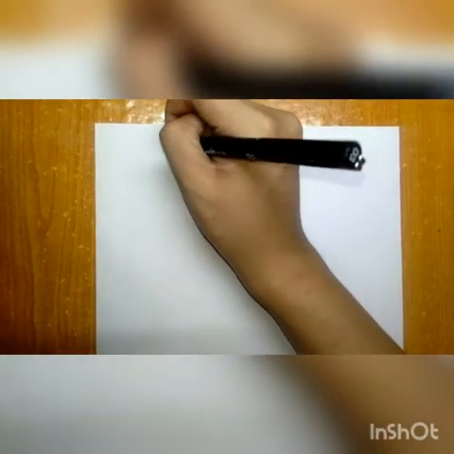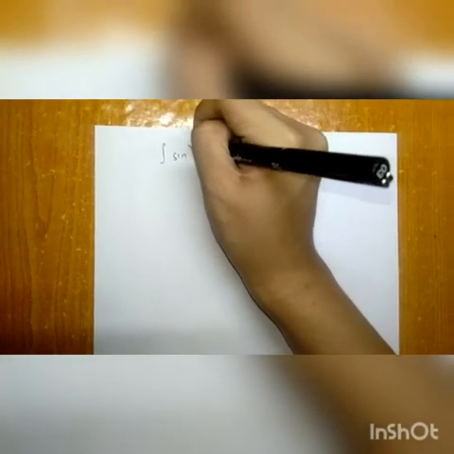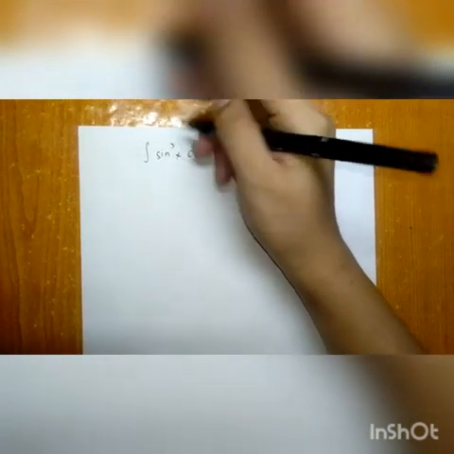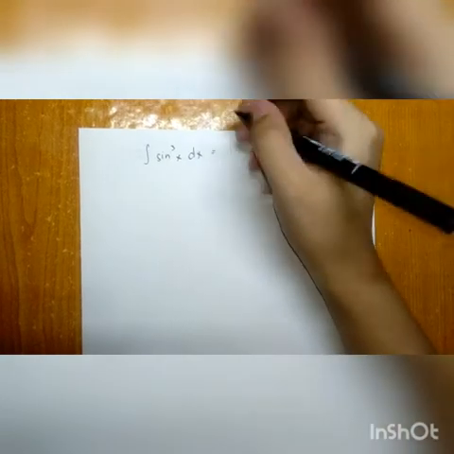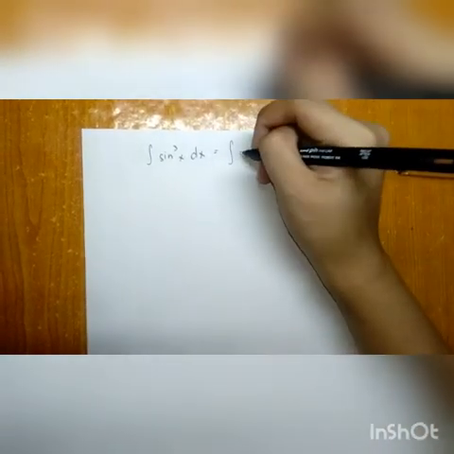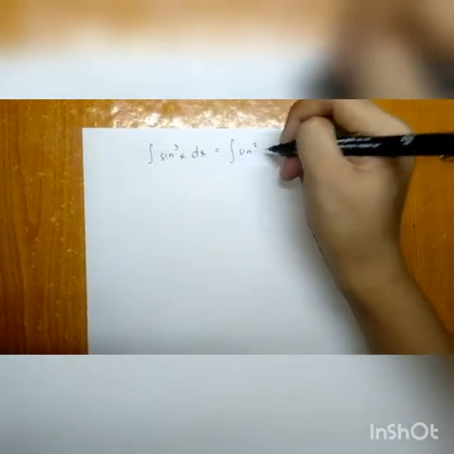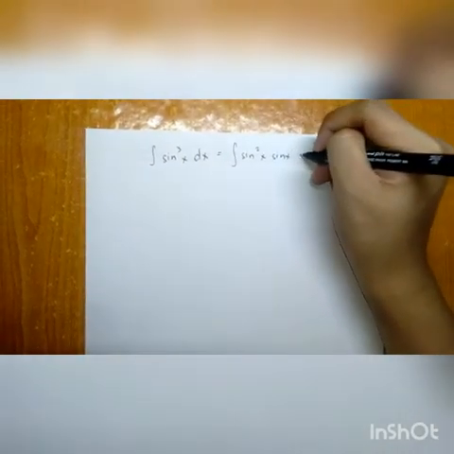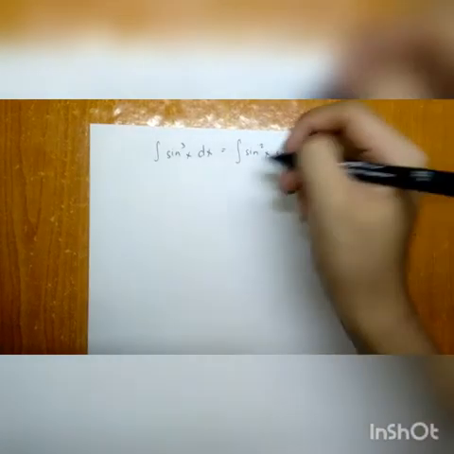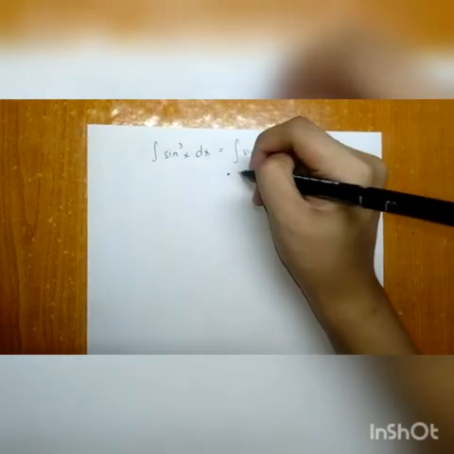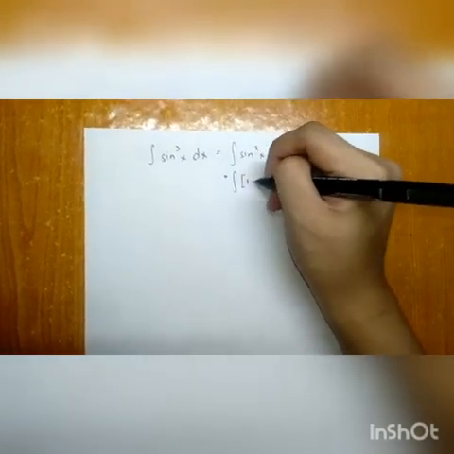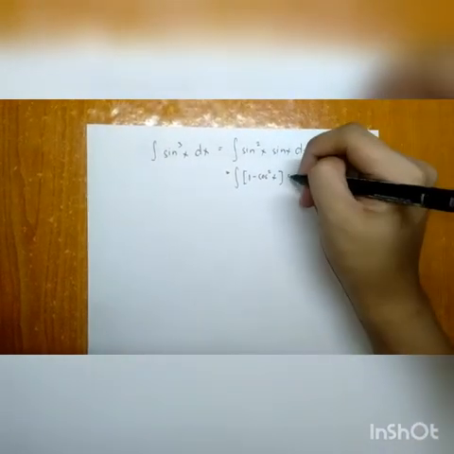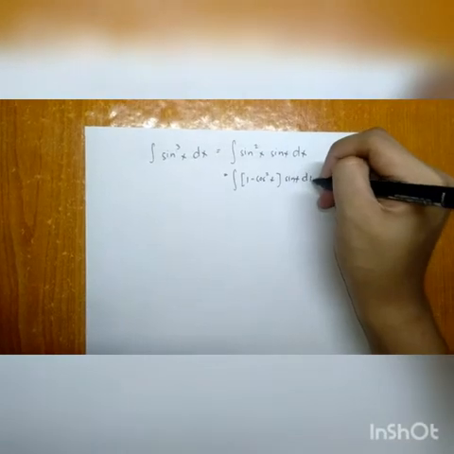Example number 1. The integral of sine cubed x dx. Since we have an odd power, we will be dividing it into 2. That will become the integral of sine squared x sine x dx. So, we know that sine squared x is equal to 1 minus cosine squared x, then sine x dx.